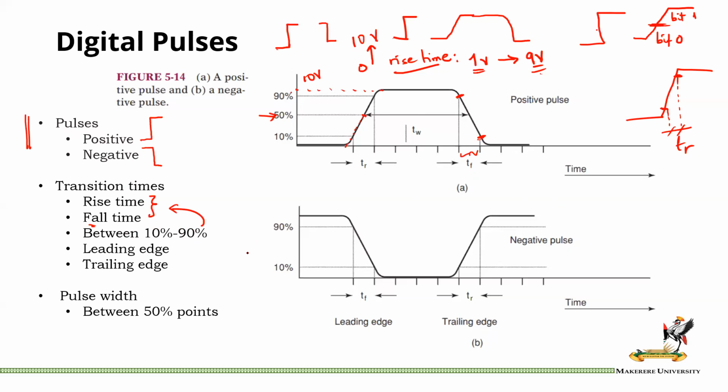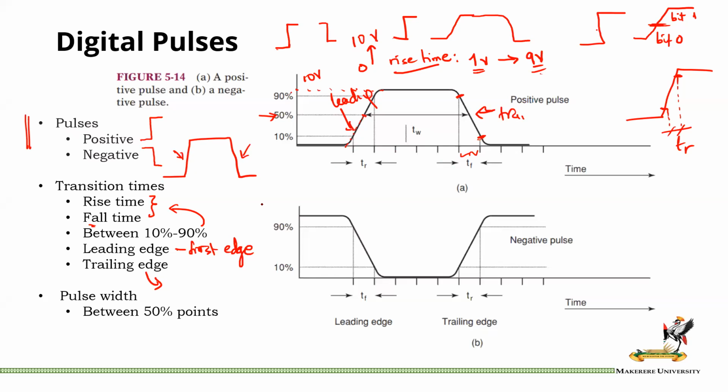Now, when the signal is transitioning from either a 0 to a 1, the first edge of the pulse is the leading edge, okay? First edge. And the trailing edge is the second edge of the pulse. So in this case, this is the leading edge, and this is the trailing edge.